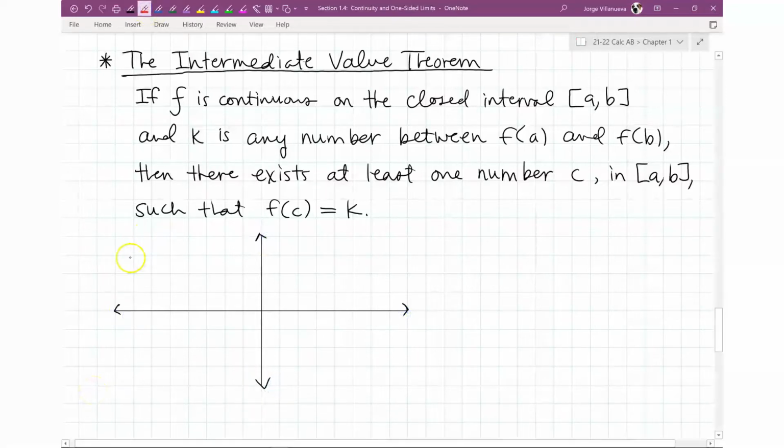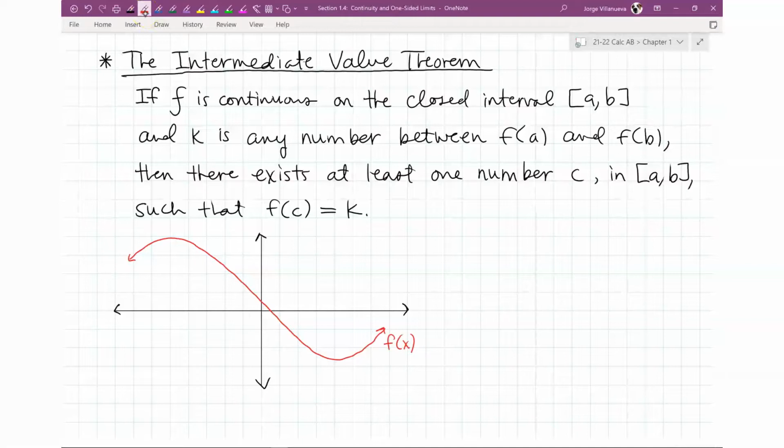All right, so we're going to start with our function f right here. There's our function f. And it says if f is continuous, okay, I drew a picture, a continuous function, on a closed interval from a to b, that means I got to close this off.